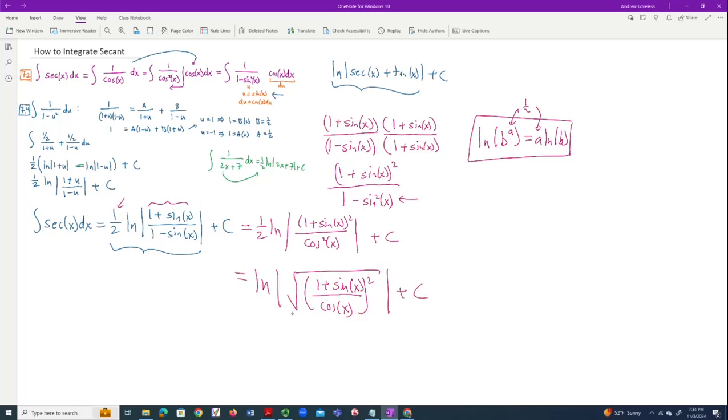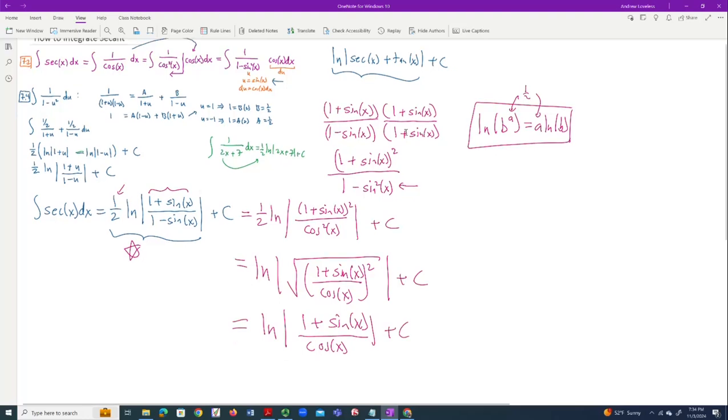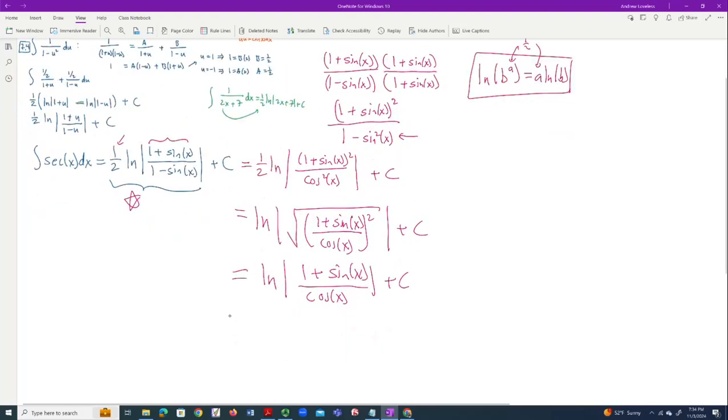And somebody must have at some point realized this after they'd been working with this and were like, oh, it's kind of a pain to write. So somebody thought to do this. Okay, so then we have the log of 1 plus sine over cosine. And then we're like, well, we can do one better.